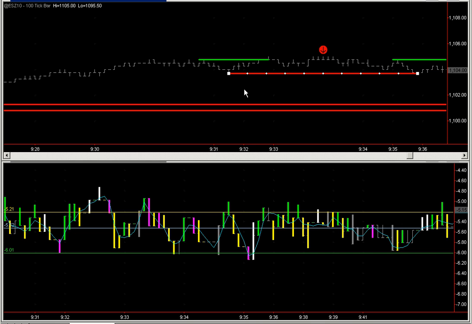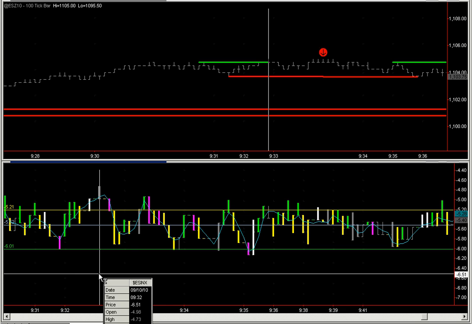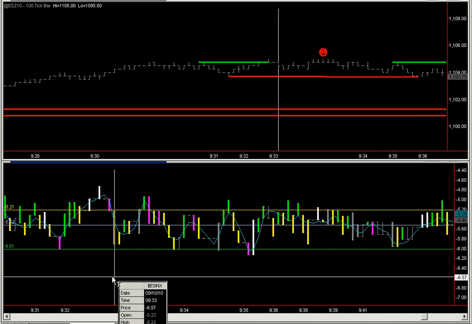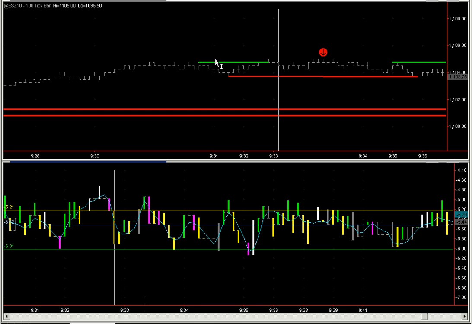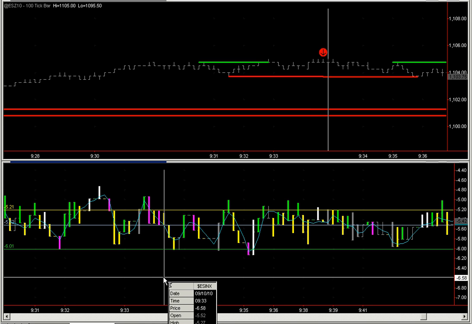Here's the setup bar. We're going to look to take a short trade as we drop below the line. So here's one place where we could take a short trade, because we also had a setup. We had expectations of a retracement back to that price level, which we did see. And then once again, it moved up just a little bit higher, drops below the yellow line for another short in here.